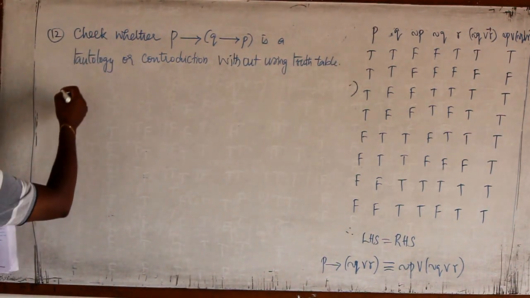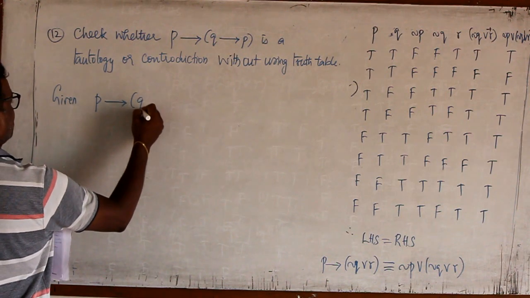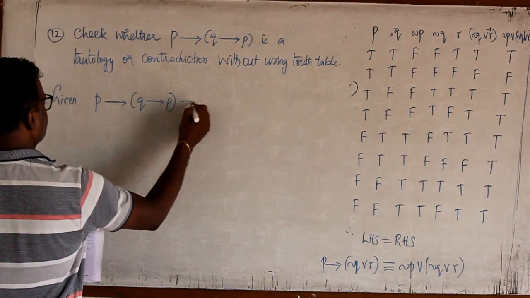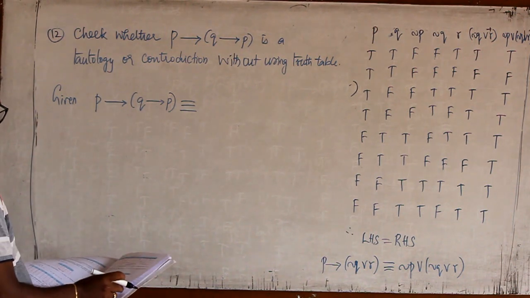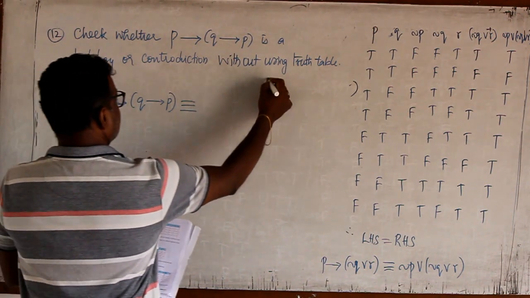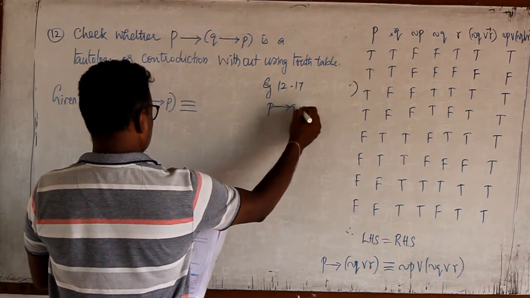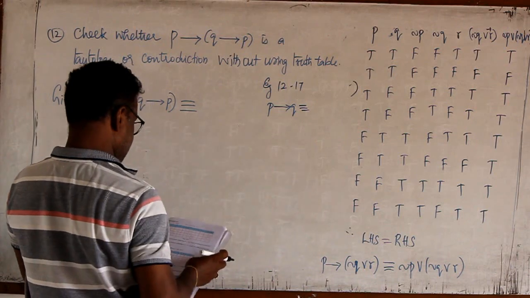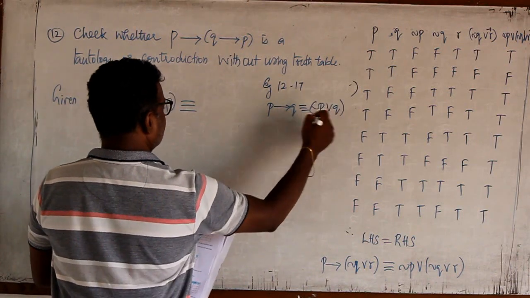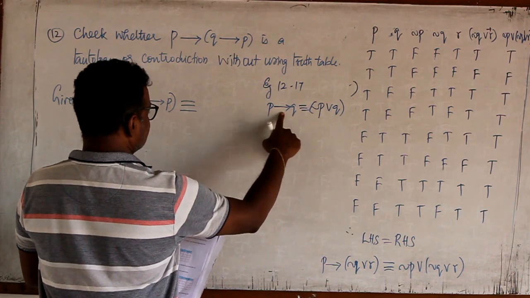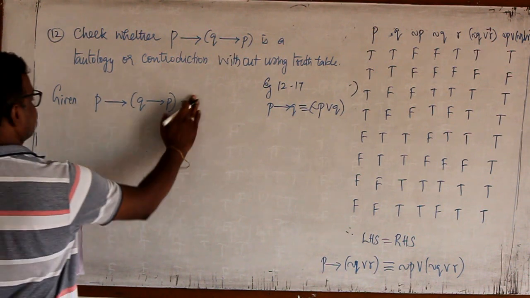Okay. So given P then Q then P is equivalent to... Now we have an example, Example 12.17. P then Q is equivalent to negation of P or Q. The first term must have negation, and this will become OR, then Q. Now we shall try this.